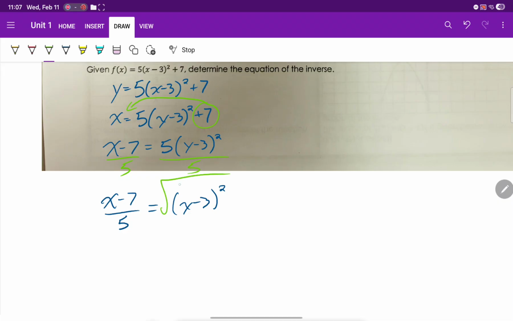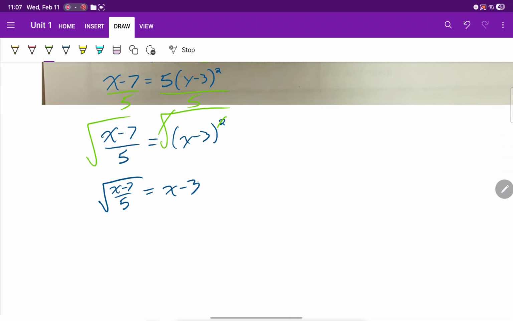I'm going to take the square root of both sides to get rid of that 2. I have root x minus 7 over 5 equals y minus 3. And the last thing I'm going to do is bring that 3 over, where it becomes a plus 3. So I have root x minus 7 over 5 plus 3 equals y.